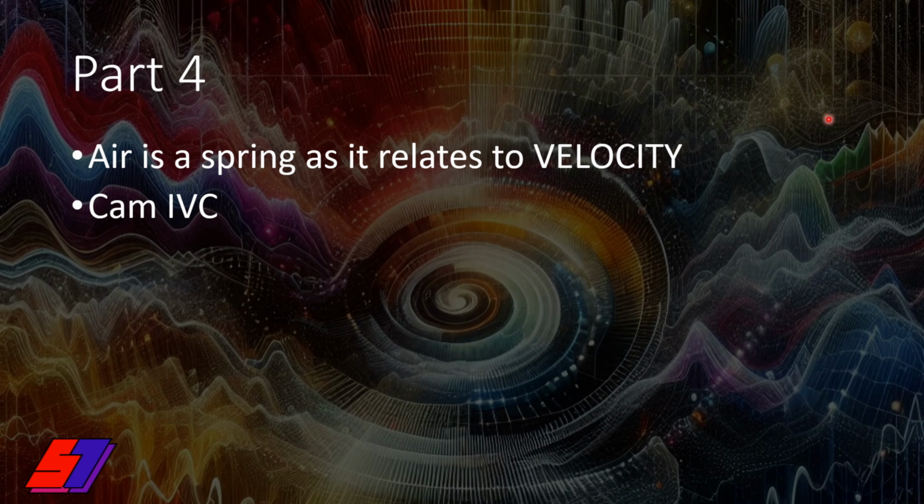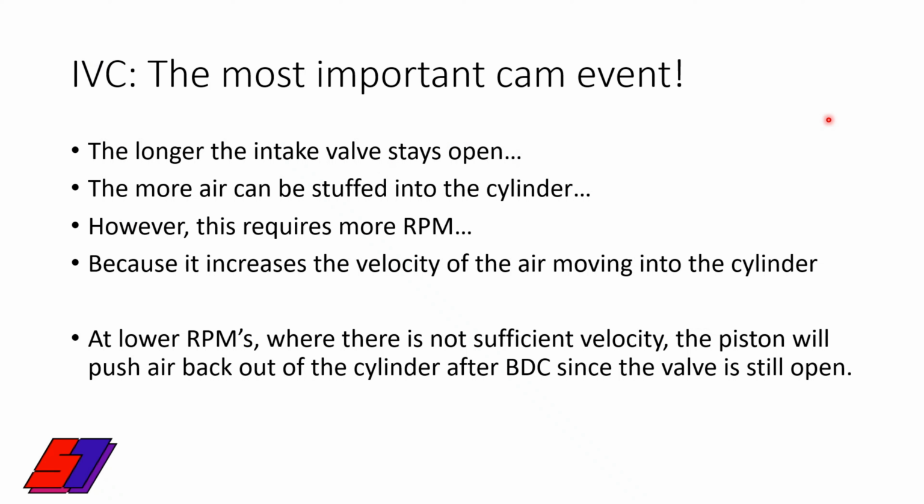Okay, part four. Air is a spring as it relates to air velocity, and this is playing off the camshaft's intake valve closing angle. In general, I say the intake valve closing angle is the most important of all the cam specs. In short, the longer the valve stays open, the more air you can stuff into the cylinder.